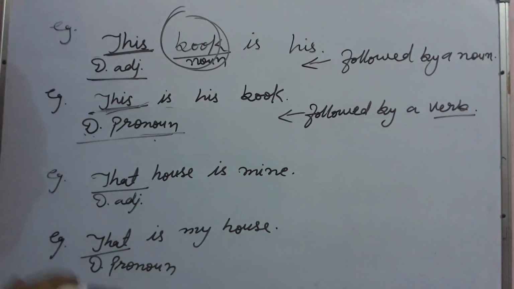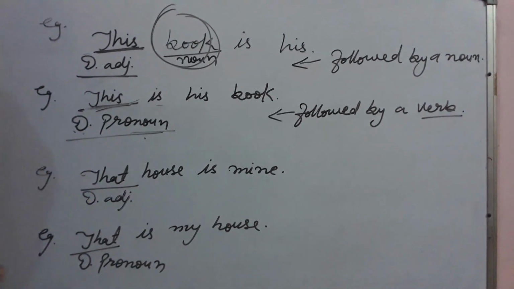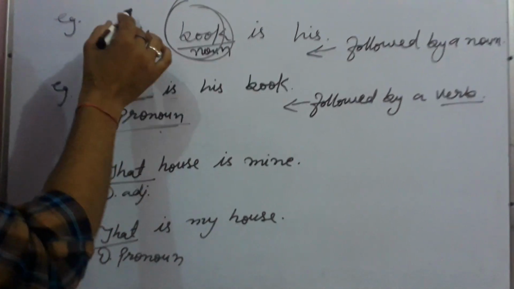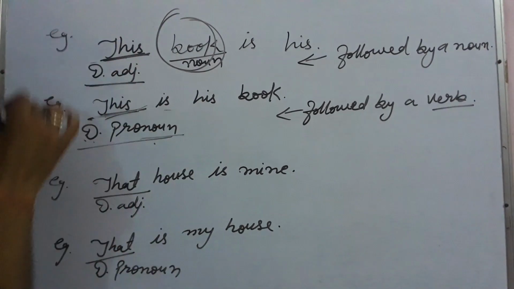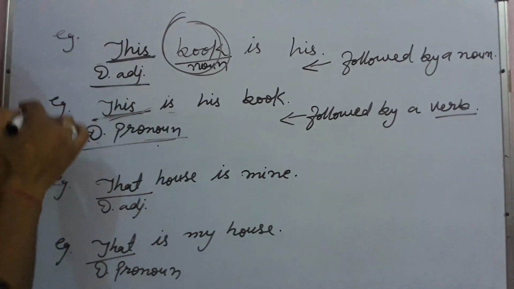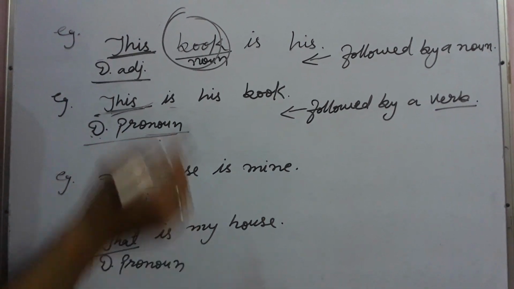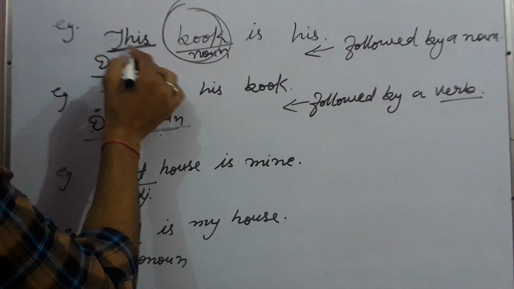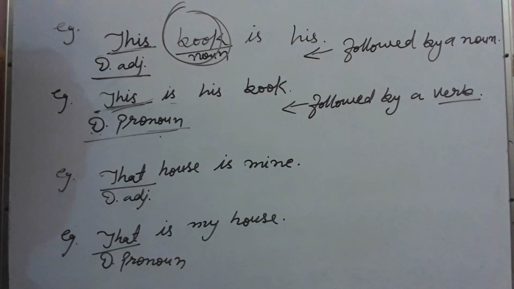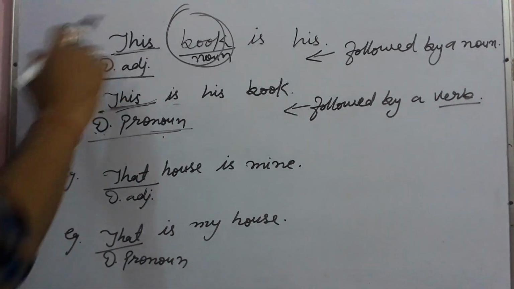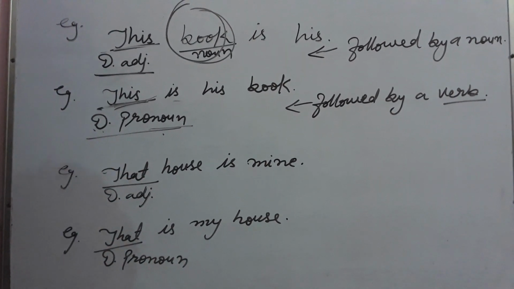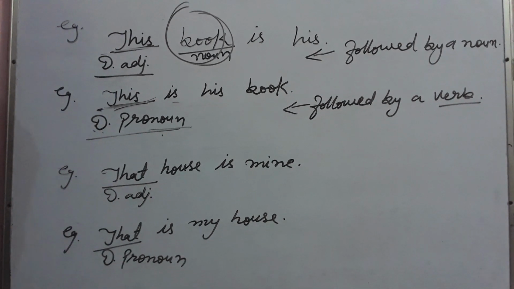It means the subject is making indication to the book. So these words are used for making indication. If the subject wants to show the thing, then the subject uses these two words, this and that. This is for near and that is for far away from us.